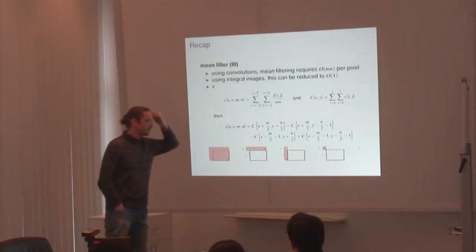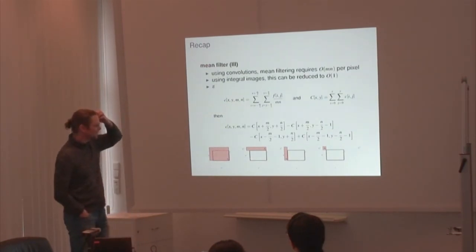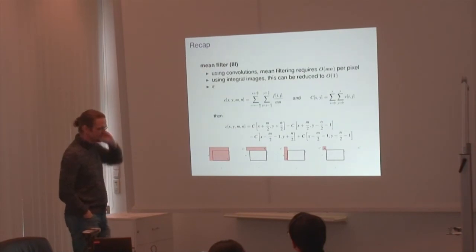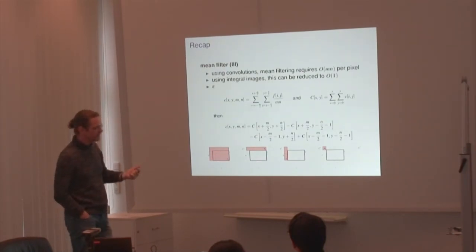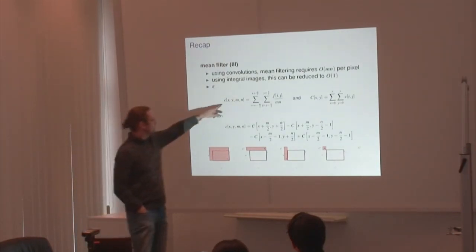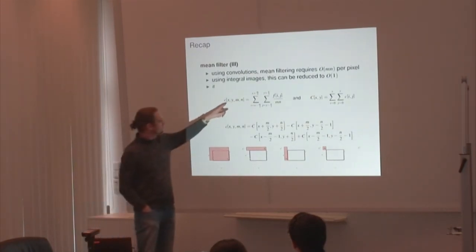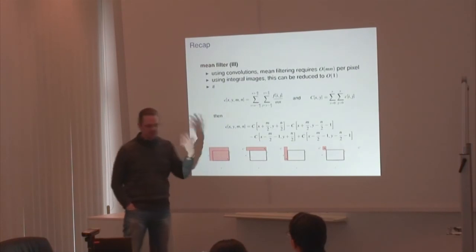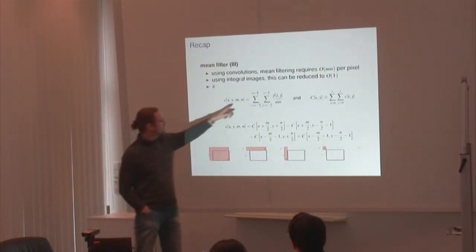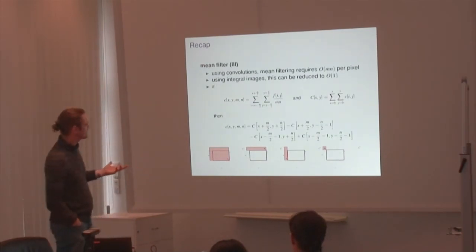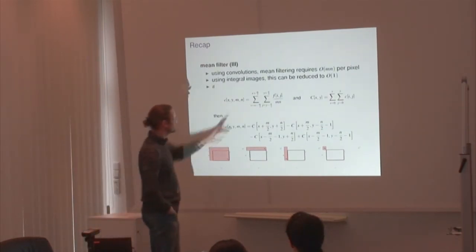This time I decluttered the equations. What we're basically interested in computing is an image C, where for every coordinate in C, depending on our current choice of the neighborhood size, we would have to compute this.